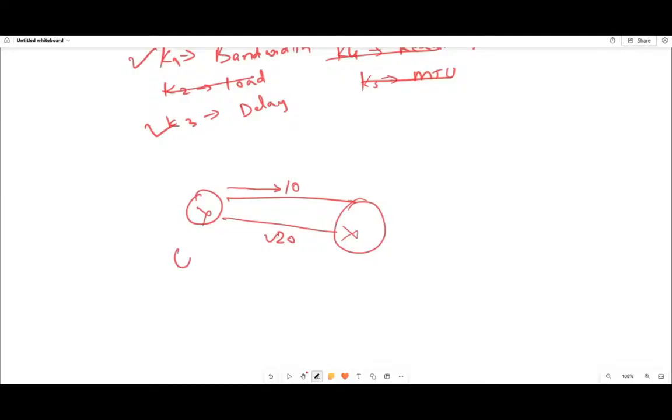So this is known as unequal cost load balancing. There are some commands I have to do. There are some rules for it. You have to follow the rules and then you can load balance. EIGRP does that. We'll see that practically in some time.